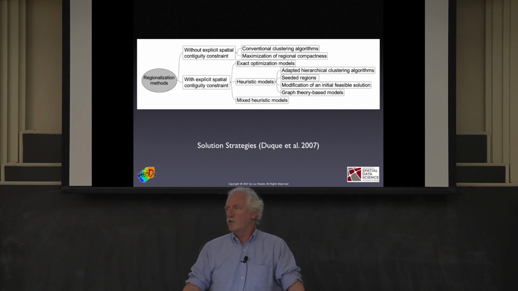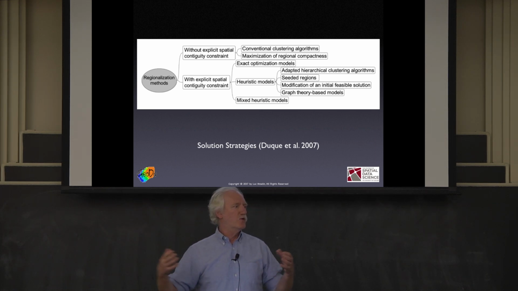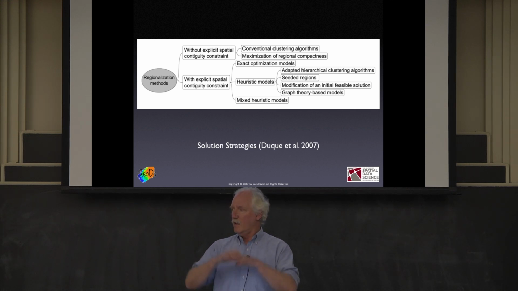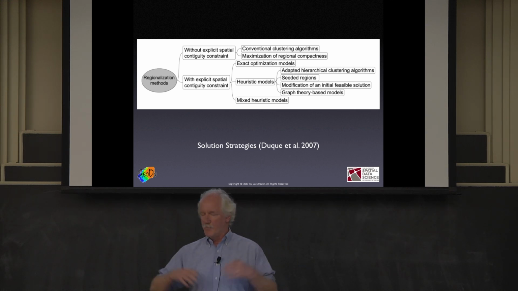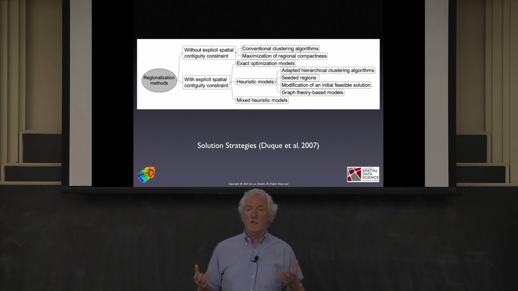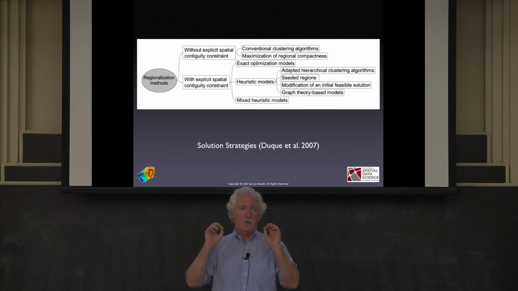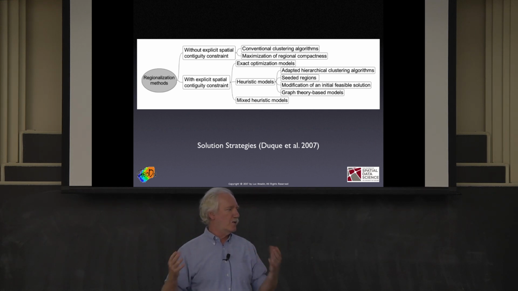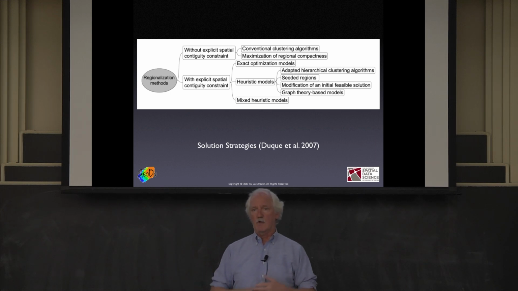So a location allocation problem is where you have to choose a number of locations, say warehouses, and then you assign a district to each of these warehouses in such a way that the whole area is used up. So you can think of this as our clusters. Cluster centers are the warehouses, and the clusters themselves are the market areas or the service areas that are serviced by these warehouses.